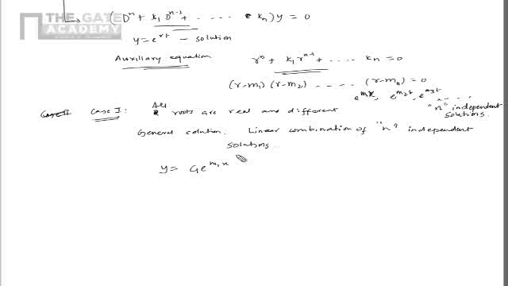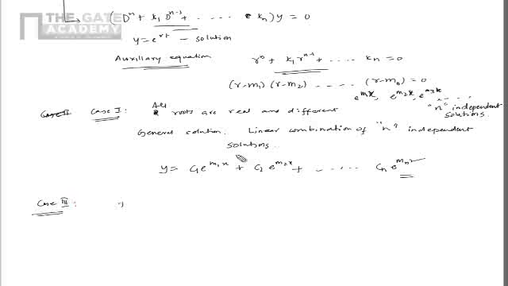You can put x also, depending on what your independent variable is. Okay, so y is equal to c1 e^(m1 x) plus c2 e^(m2 x) plus so on, basically the number of roots. Okay, so this is the general solution for case 1 when the roots are real and different.